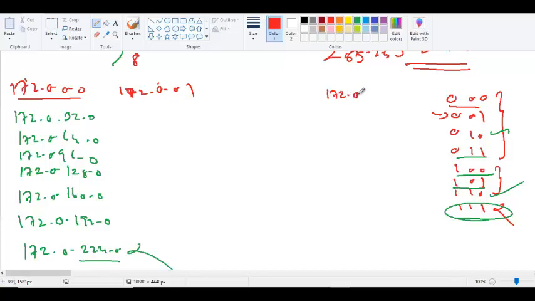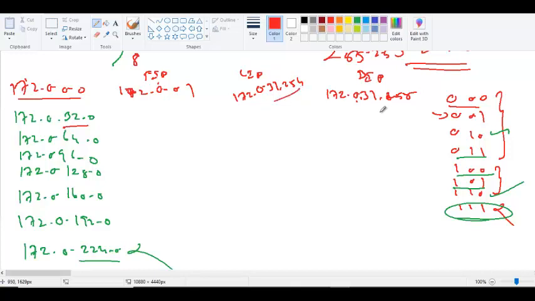And this should never change, because it is already masked. Sorry, not 0, 255. This is the broadcast IP, first IP. And the last IP will be 172.0.31.254. This is last, this is broadcast, this is first.